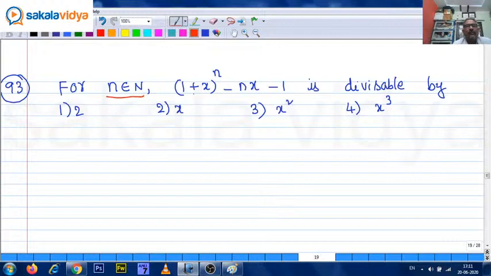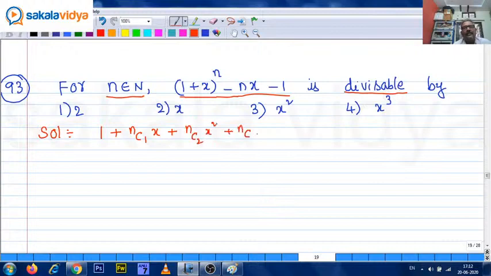For n belongs to N, 1 plus x whole to the power of n minus nx minus 1 is divisible by. So now see the solution. This 1 plus x whole to the power of n we can write as 1 plus nC1 x plus nC2 x square plus nC3 x cube plus and so on up to nCn x to the power of n, and minus nx minus 1.